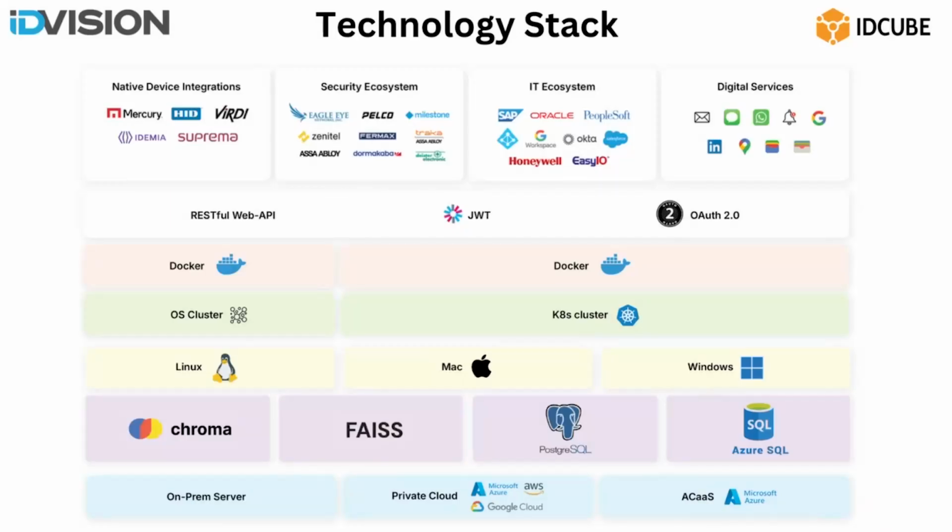You will not have just access control. You will have video management, you will have elevator control, you will have key management, wireless locks, intercom, intrusion management, and then you will have your IT ecosystem like HRMS and ERP. So we integrate with everything to make a seamless experience for you.